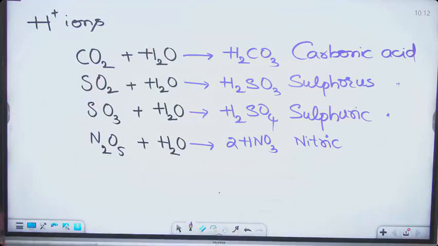The acid that is present in aerated cool drinks and beverages. For example, Maaza is not an aerated cool drink. Or Minute Maid pulpy orange is again not an aerated cool drink.